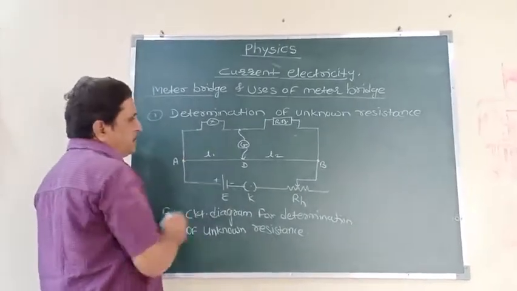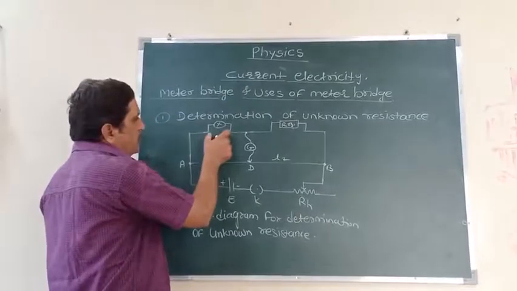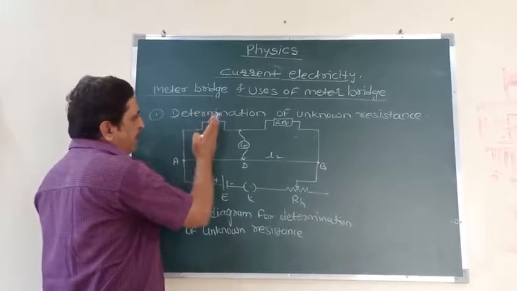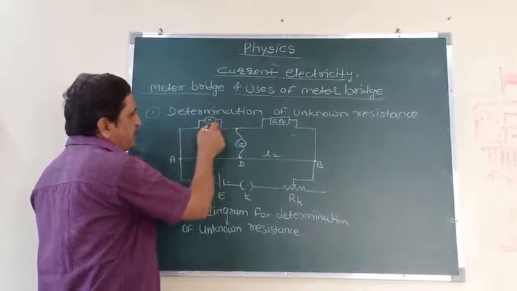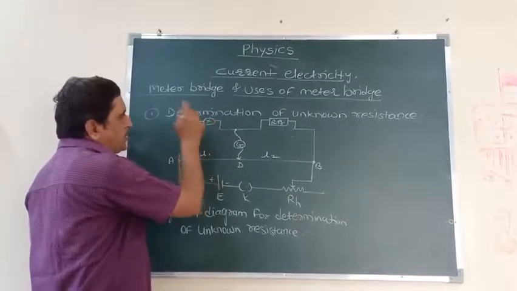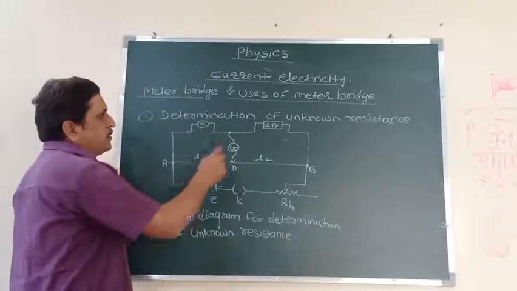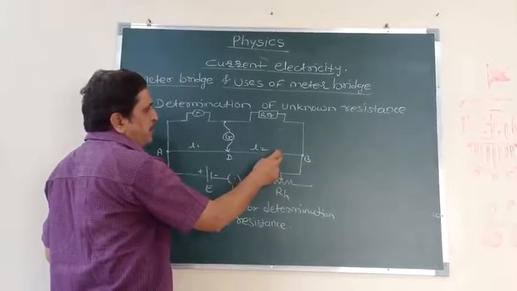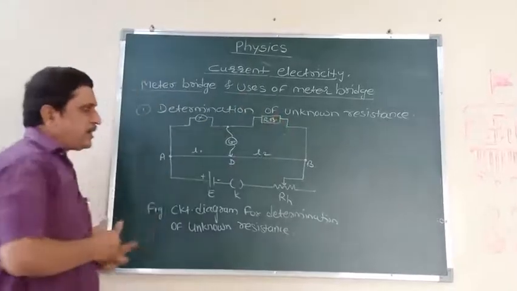In the first gap of the meter bridge, or the left gap, the unknown resistance is connected. Then, in the right side gap or the second gap of the meter bridge, a resistance box is connected.